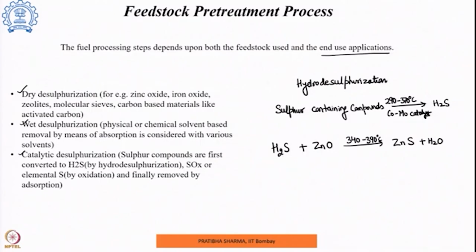So, in the case of sulfur containing compounds, these are converted to H2S and finally removed using a zinc oxide bed. If there are chlorine containing compounds, chlorides present, then these are converted into HCl, finally removed on an alumina guard bed.